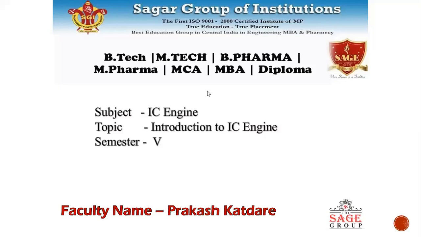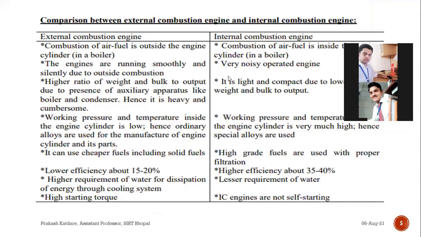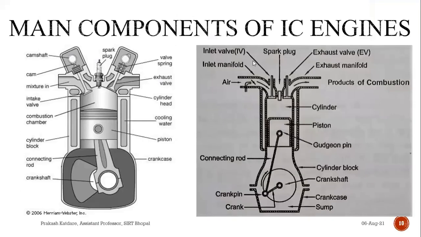Last class, we discussed internal combustion engine, external combustion engine, and the differences between them. Today, we will be continuing with internal combustion engine, and specifically we will be seeing the main components of IC engine.